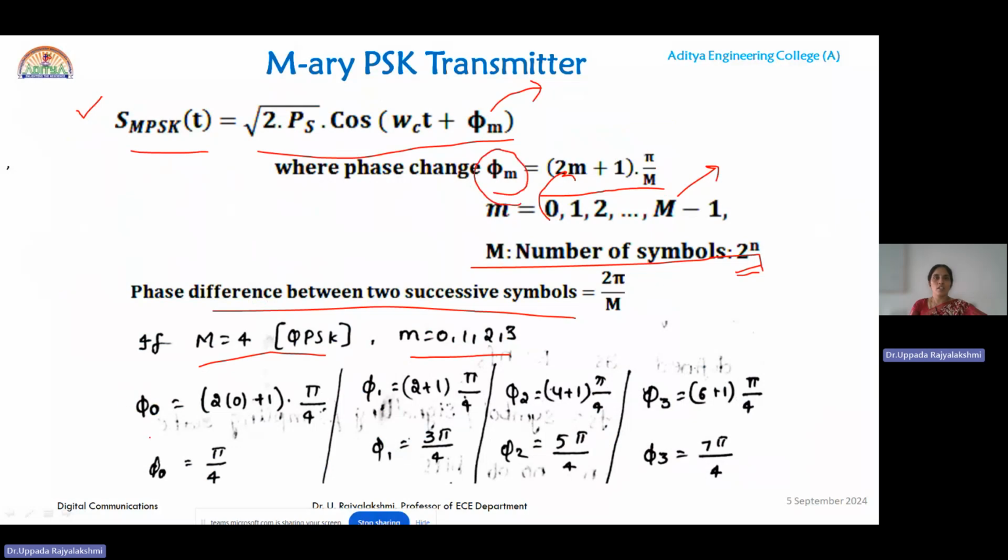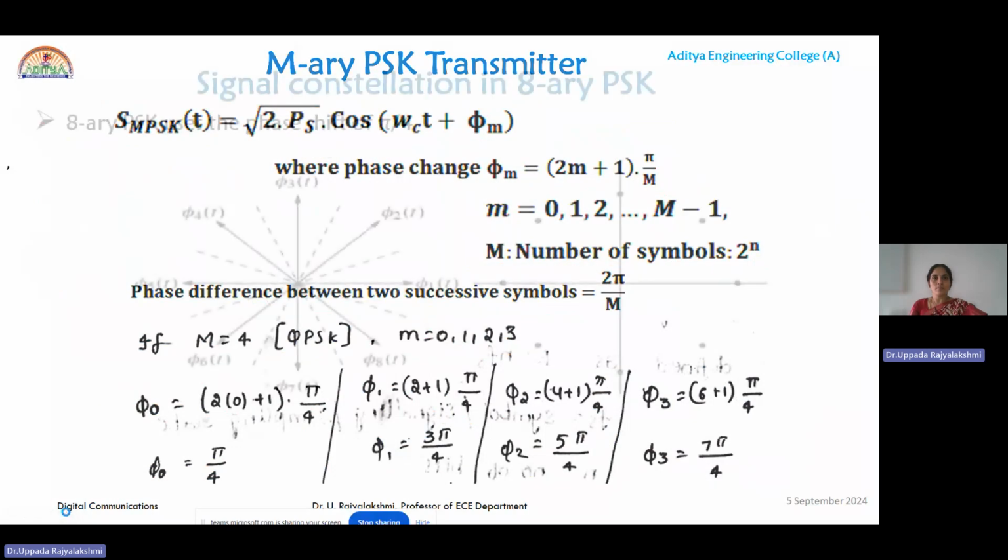So phi 0 is (2 into 0 plus 1) into pi by 4. Similarly, phi 1 is (2 plus 1) into pi by 4. So phi 0 is pi by 4, phi 1 is 3 pi by 4, phi 2 is 5 pi by 4, and phi 3 is 7 pi by 4. So you have a total of 4 phase changes because it is QPSK. Similarly, for M-ary PSK, you will have capital M phase changes.